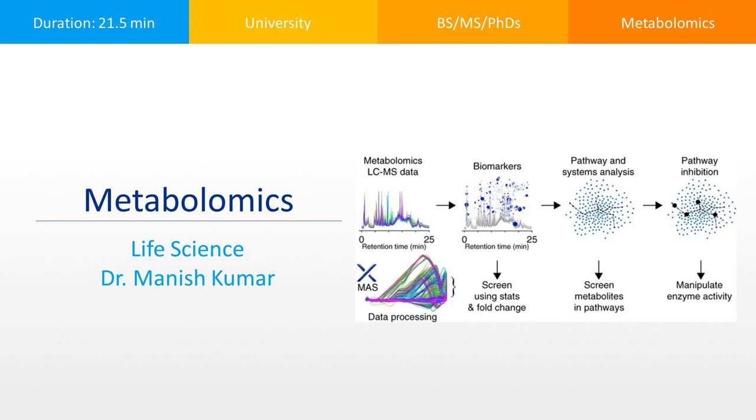NMR is actually more expensive and occupies more space than mass spectrometry, whereas mass spectrometry instruments are a bit cheaper and occupy less space than NMR. Cost per sample is much lower with NMR, but mass spectrometry has a high cost per sample. But that always gives you the advantage that you can detect many more metabolites.